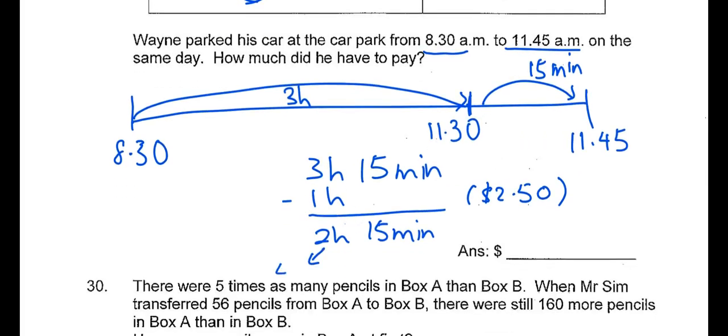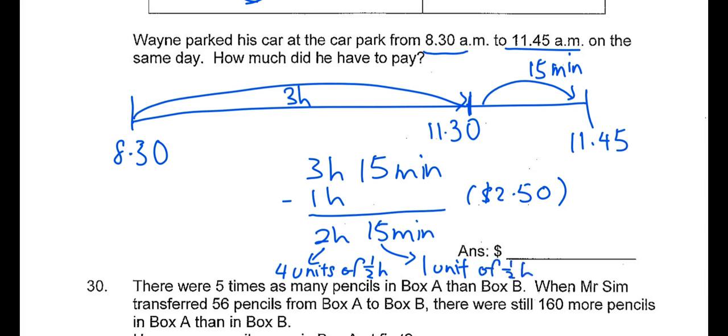There's a total of 4 units of half hour. Okay, now what about this 15 minutes? Alright, now even though you have just parked for 15 minutes, because they count in blocks of 30, you will still have to actually pay for this extra 1 unit of half an hour.